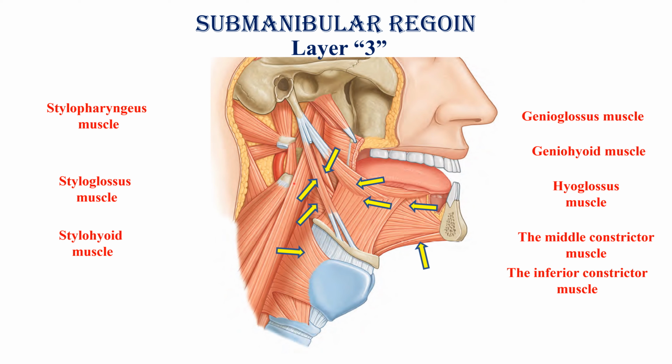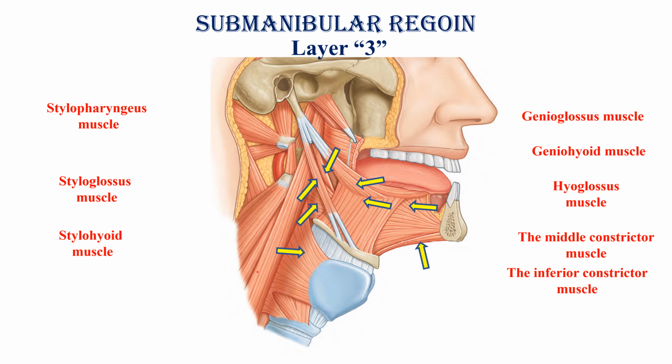You can see the geniohyoid and the genioglossus deep to the hyoglossus, and the three of them are deep to the mylohyoid. You can see the three muscles of the styloid process with the ligament. You can see the superior constrictor above here, the middle constrictor here, and that is the inferior constrictor.